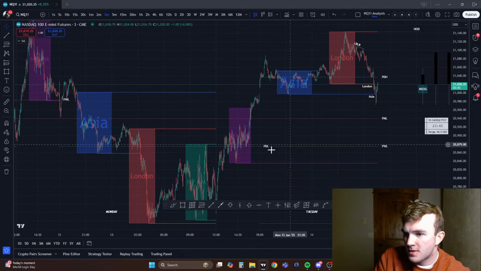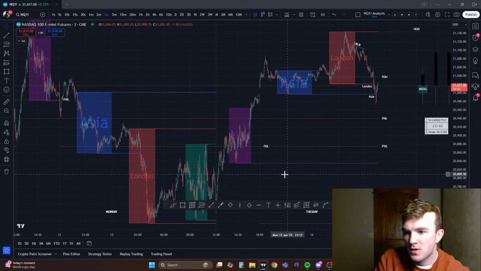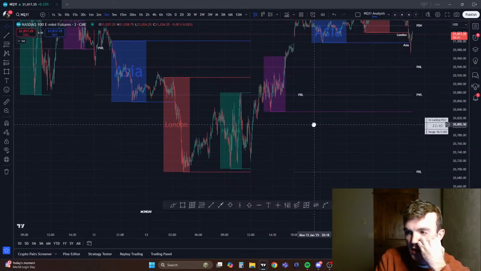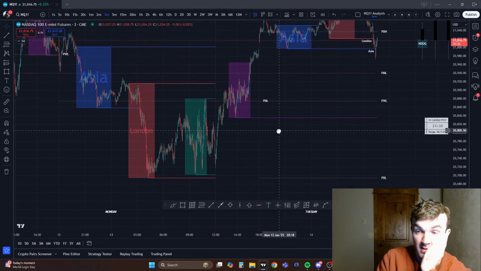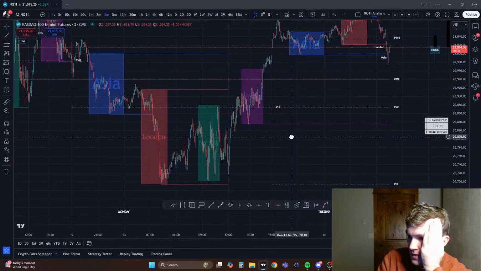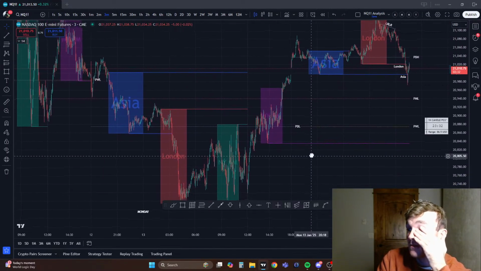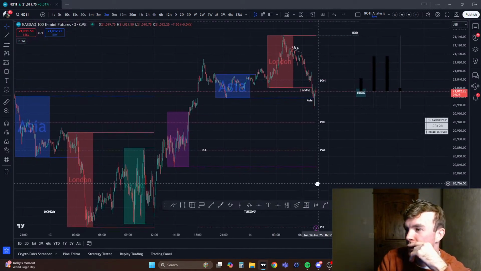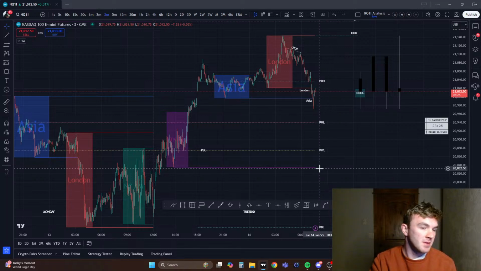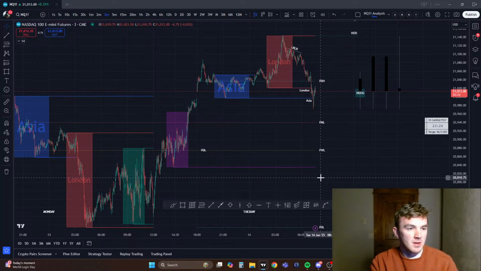And then, as far as drawing liquidities to the downside, we got previous day's low. I'm gonna just mark out what's relevant. That's a little too far down for me to mark out as relevant personally, but yeah.